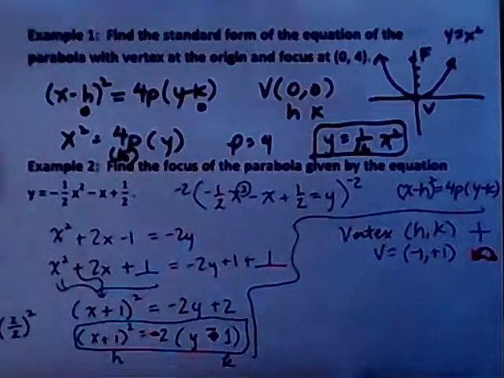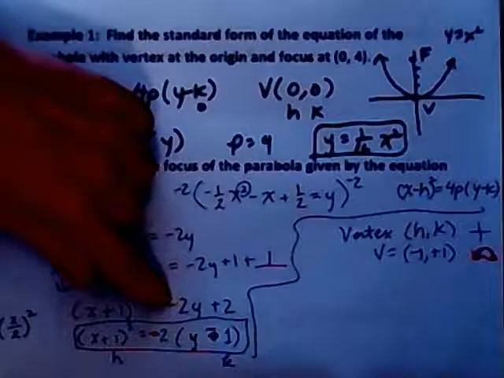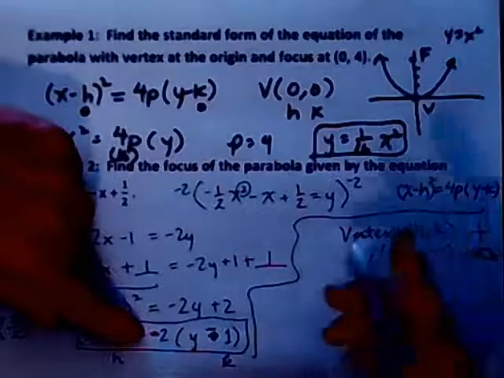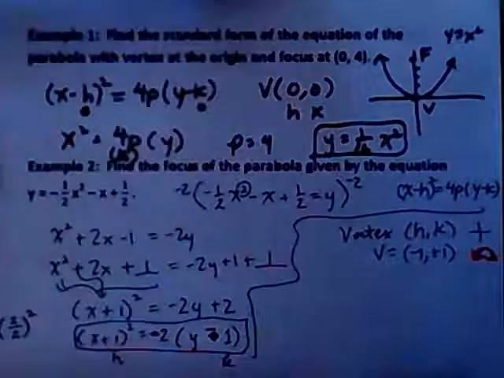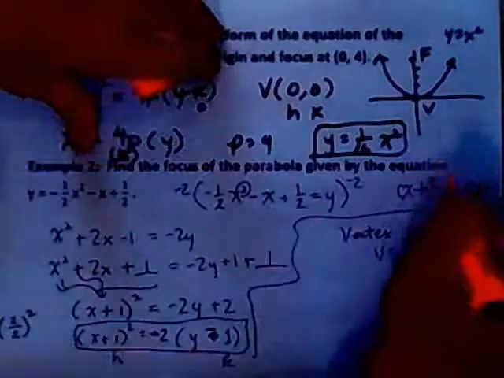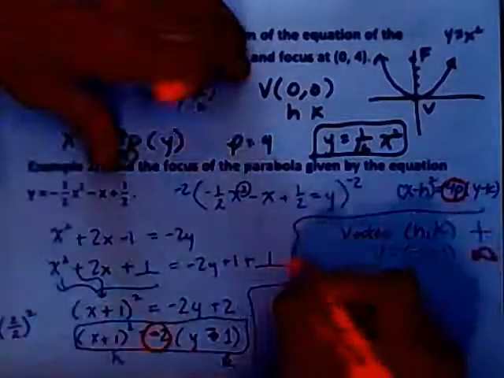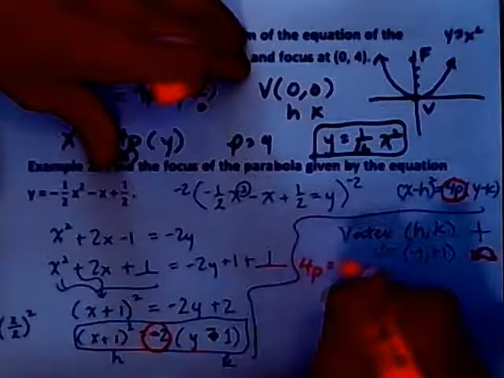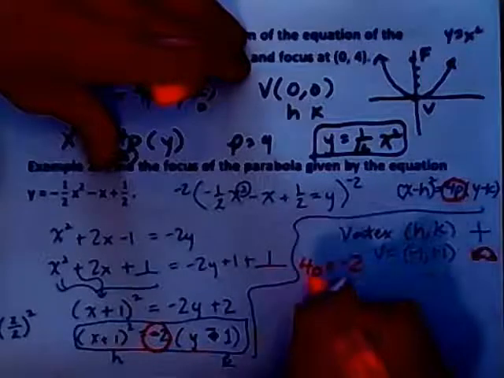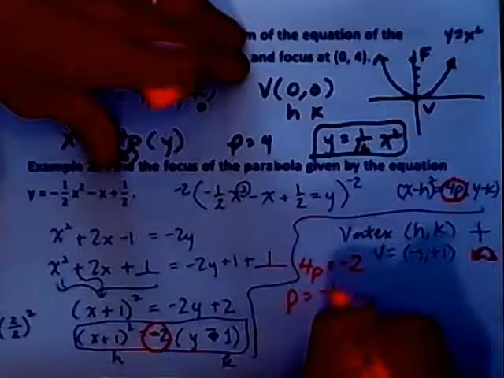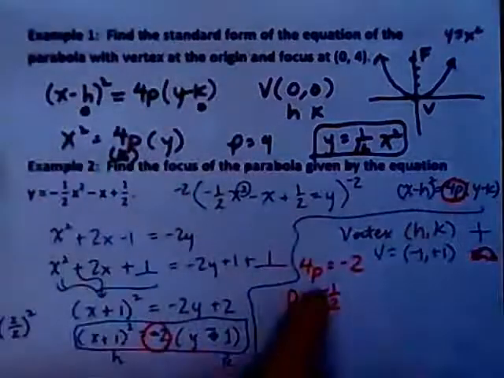Okay. This is our p-value. So 4p has to equal this portion right here. I'm going to highlight this. This is pretty important stuff. So I know that this part has to equal that part, or 4p has to equal negative 2. Solving for p, divide by 4 on both sides, p is equal to negative 1/2. We know that p is negative.